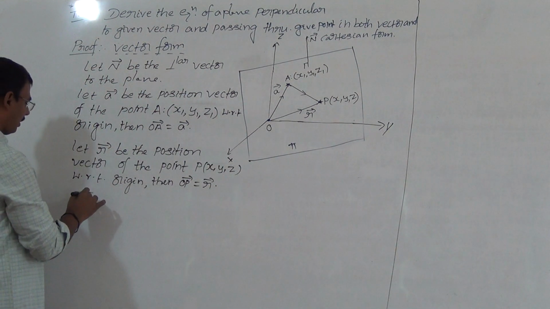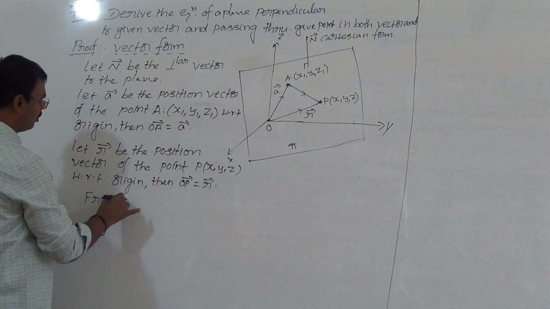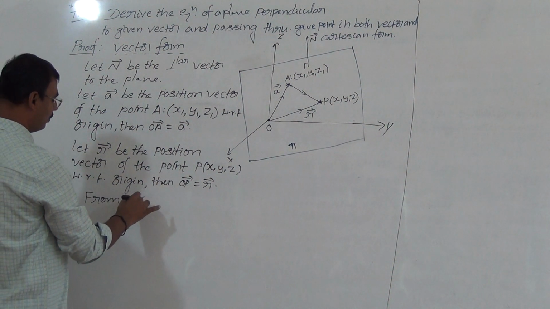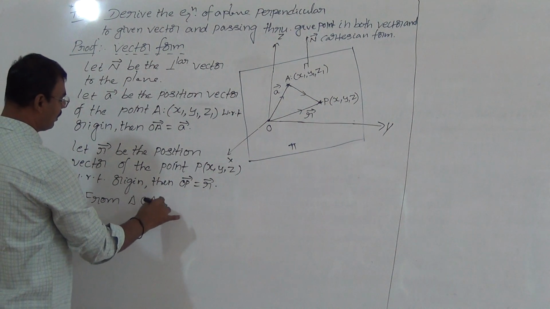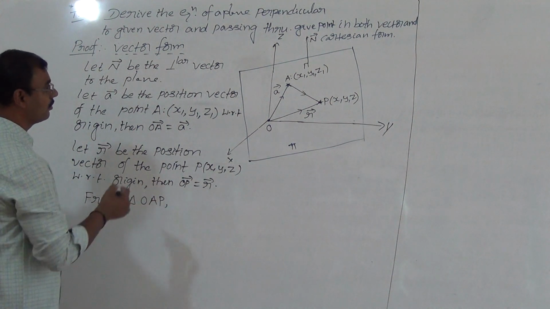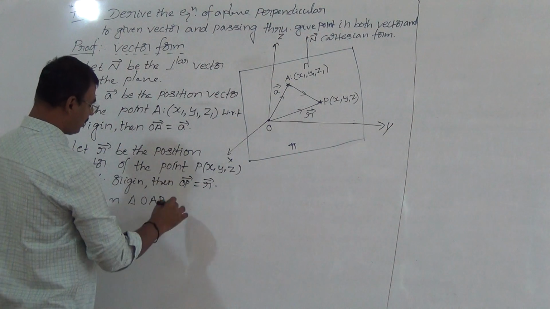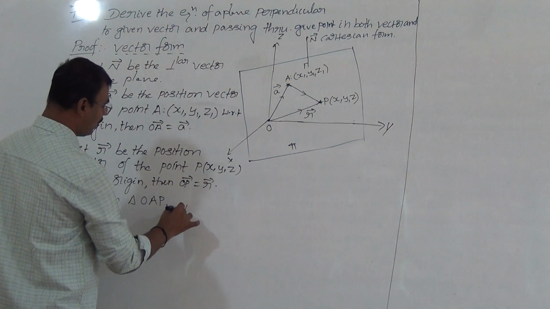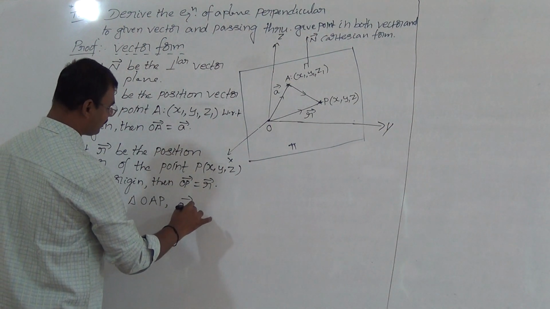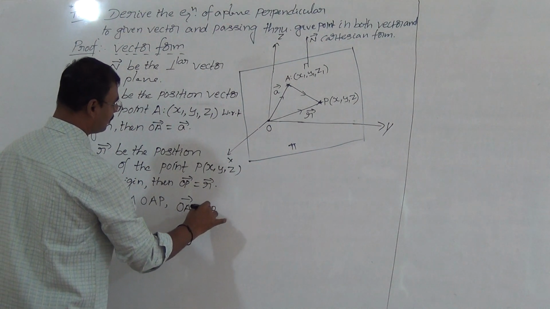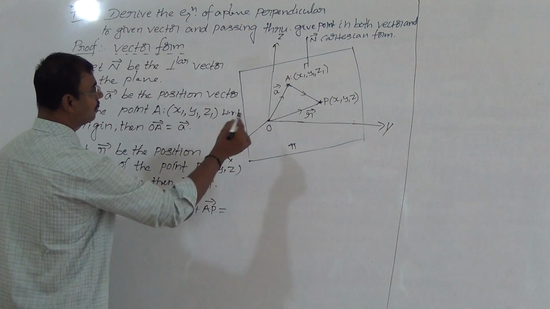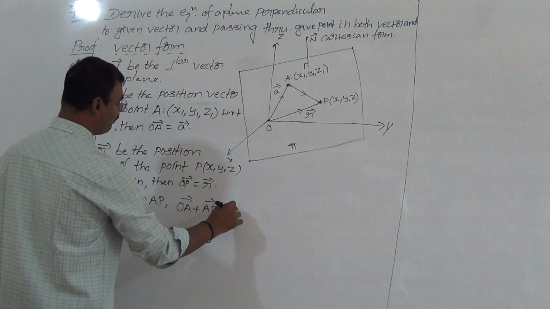From triangle OAP, using triangle of vector addition, OA vector plus AP vector is equal to OP vector.